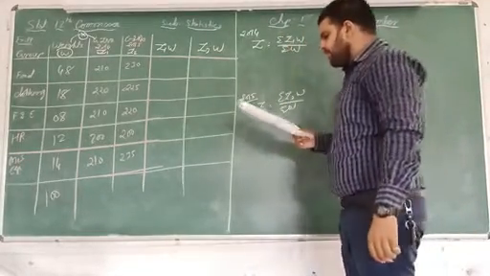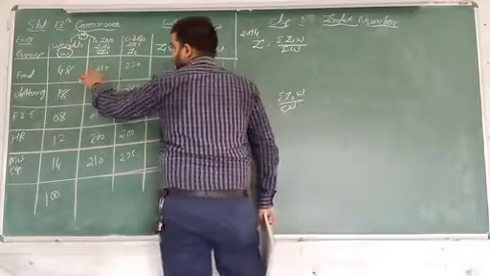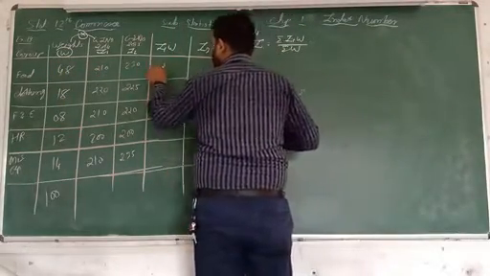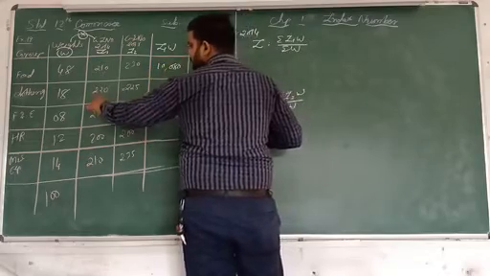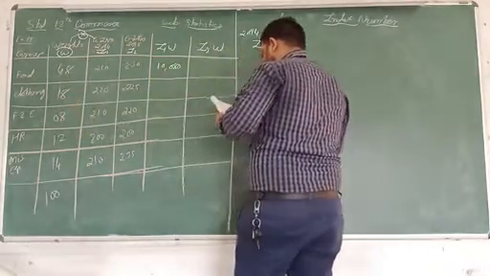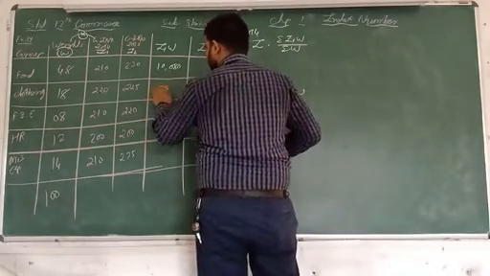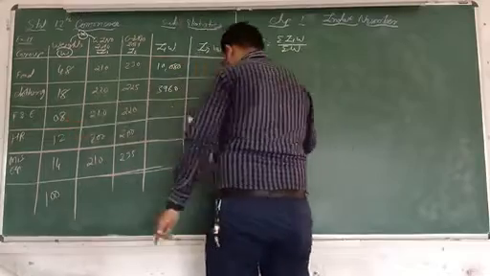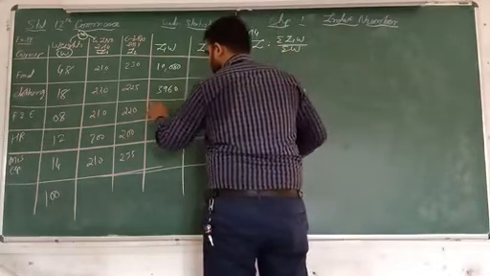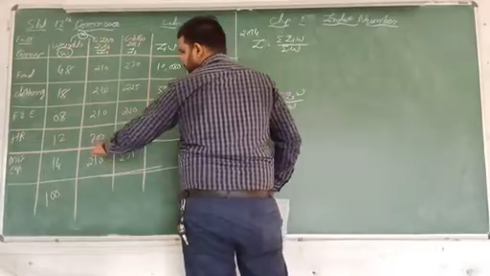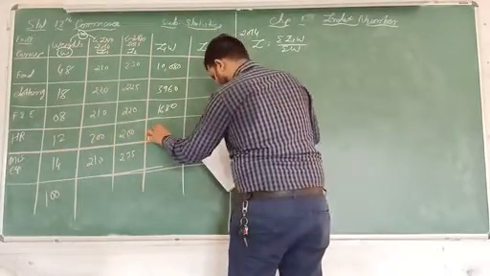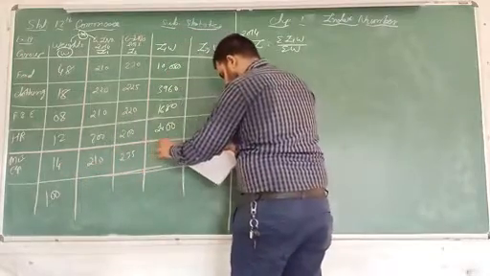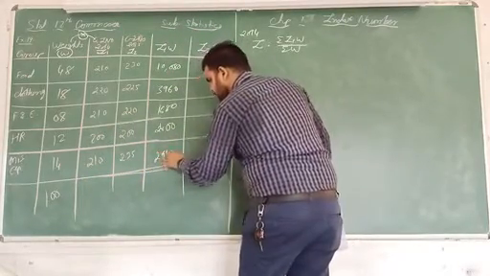Here we multiply 210 by 48, the answer will be 10,080. 220 multiplied by 18, the answer will be 3960. 210 multiplied by 8, the answer will be 1680. 200 into 12, that is 2400, and 210 into 14, that is 2940.